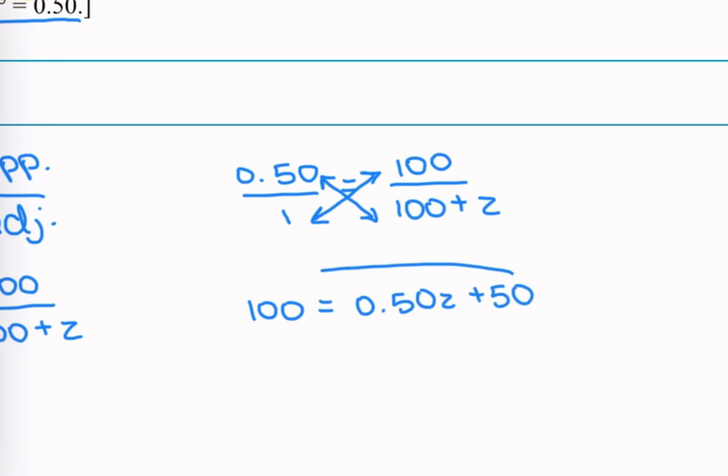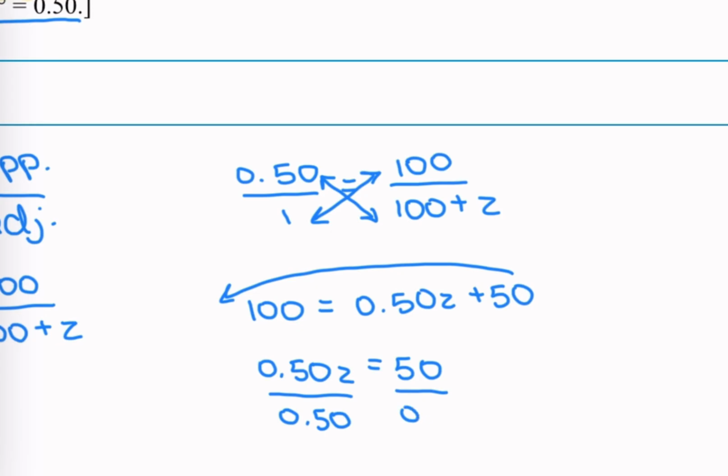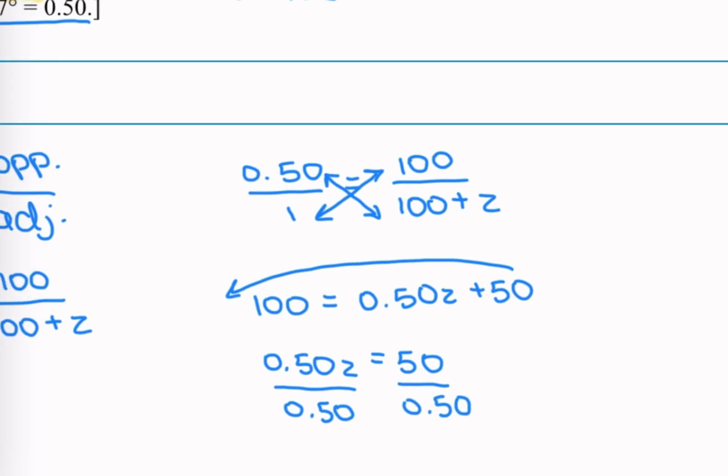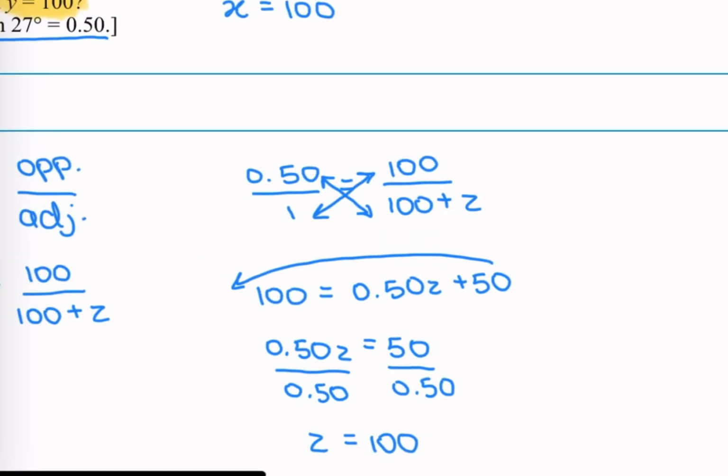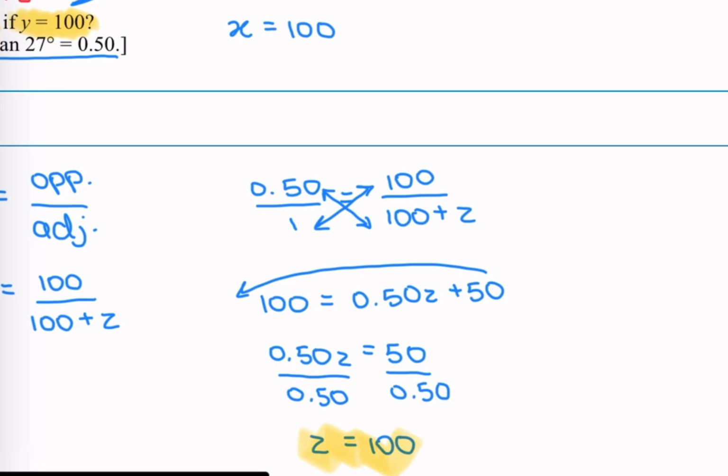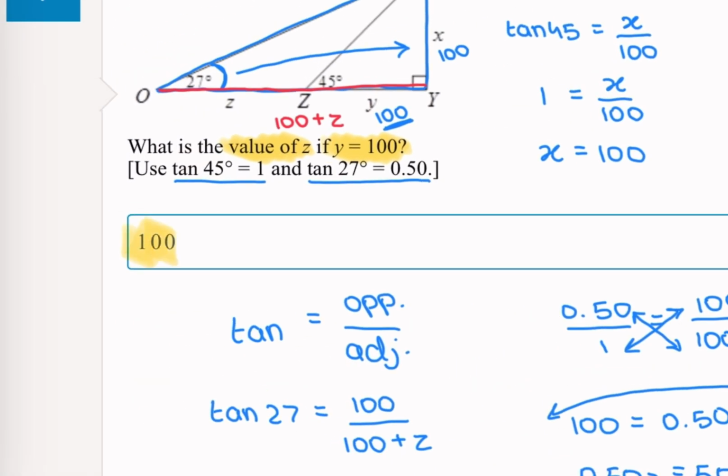Take 50 to the other side, and it's gonna be 0.50 z is equal to 50, and then you're going to divide both sides by 0.50, and you're going to get that z is equal to 100. Z equals 100, which is the answer here.